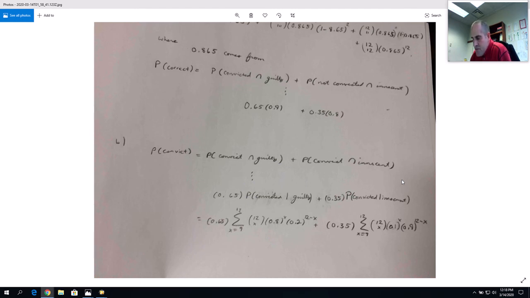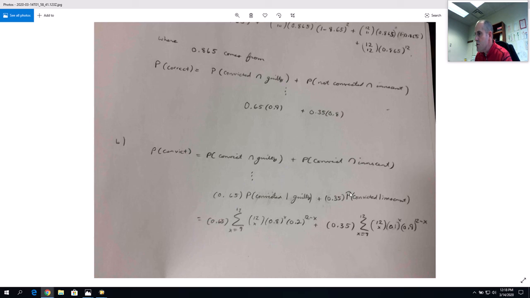So what are we going to have to do here? Well, one way you could do that is 1 minus the probability of convicting given that they're innocent. Okay, so the probability of acquittal given that they're innocent is 1 minus the probability of convicting given that they're innocent.